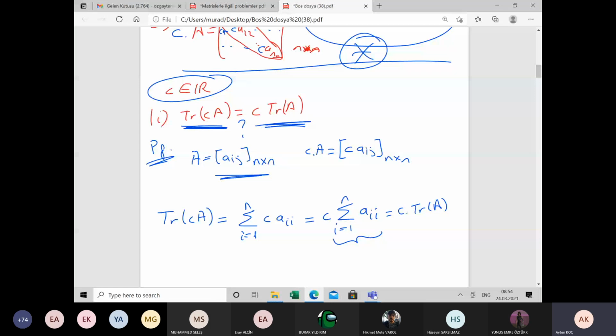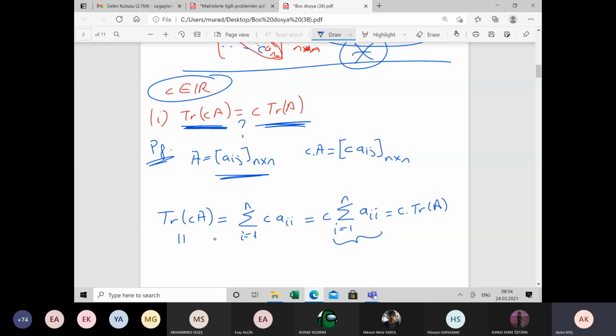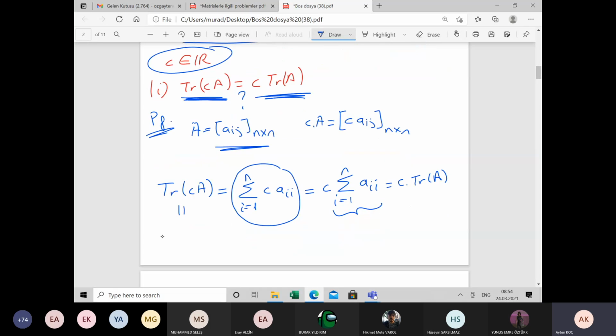Or, without using the sigma notation, trace of CA is C A sub 1 1 plus C A sub 2 2 plus, up to the last entry on the main diagonal, C A sub N N. Rewrite this as C times A sub 1 1 plus A sub 2 2 plus up to A sub N N. So C times, what's this one?